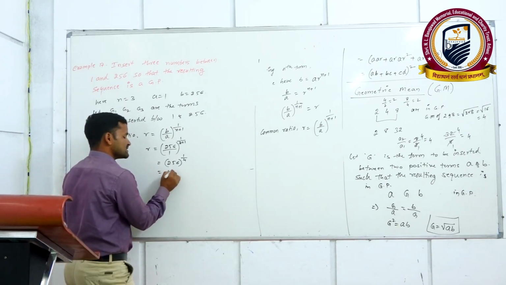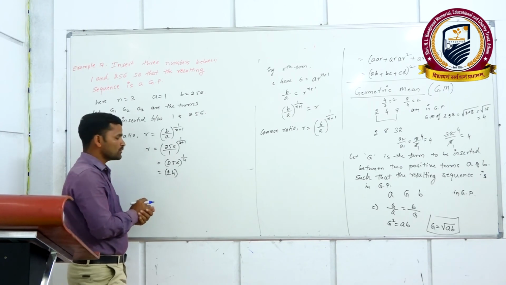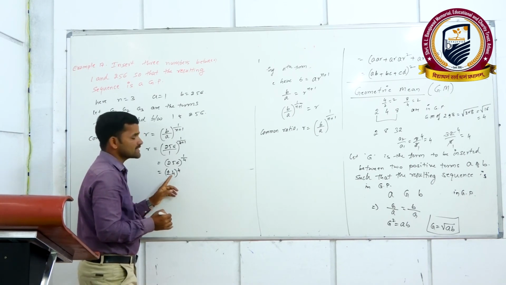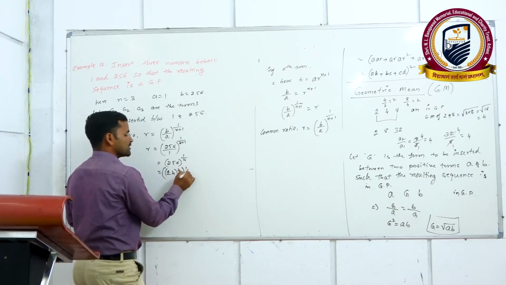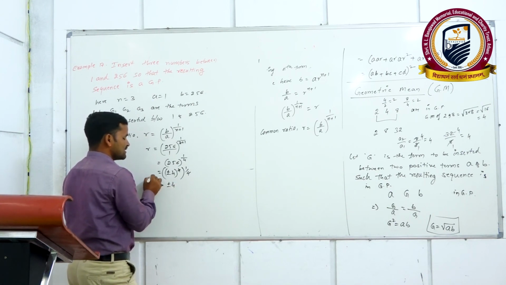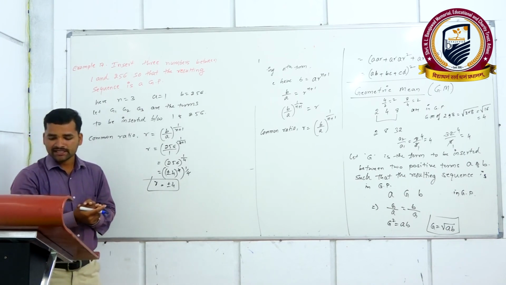That can be written as plus or minus 4 whole to the power of 4, since even minus 4 to the power of 4 is also 256, whole to the power of 1 by 4. So the power 4 cancels. We have r as plus or minus 4. Both the cases we need to consider here.